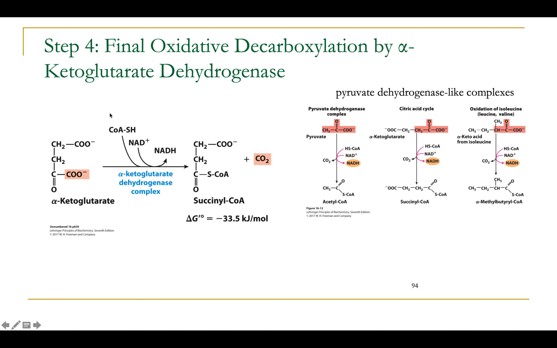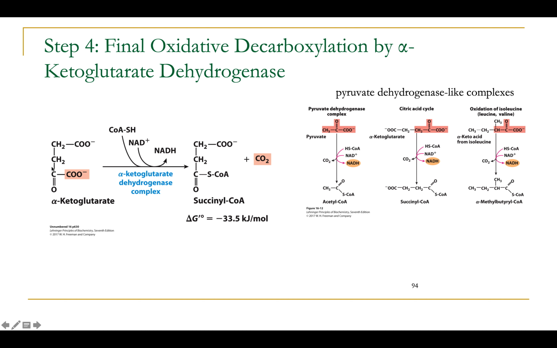This release is accompanied by evacuating the reductive power of the carbon within the alpha-ketoglutarate in the form of again the reduced form of the redox cofactor NAD. The output of this reaction is succinyl-CoA, requiring as input the empty upper form of coenzyme A.